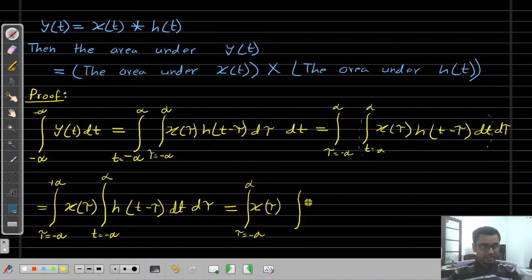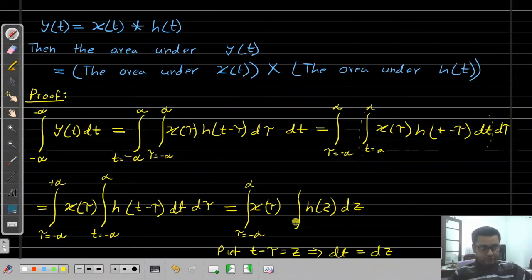Then integration of h of z, I am putting t minus tau equal to z, such that dt is equal to dz, and here I write dz.